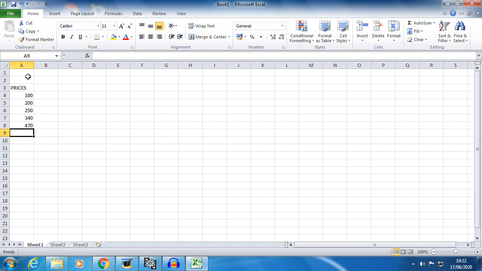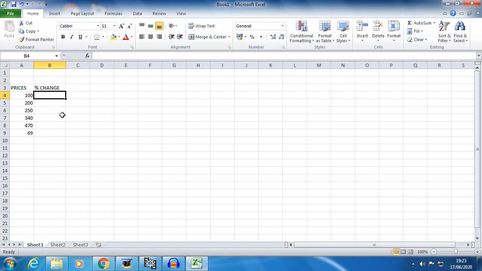And then something smaller like 69. And then what this column can be used for is percentage change. So this is going to be an increase or a decrease in the percentage.